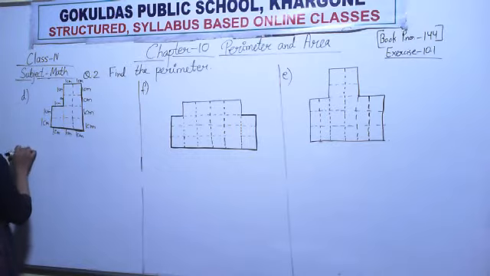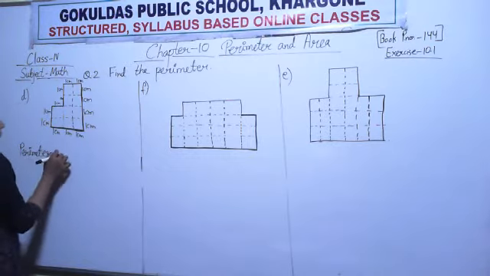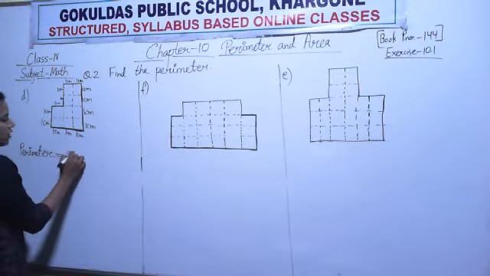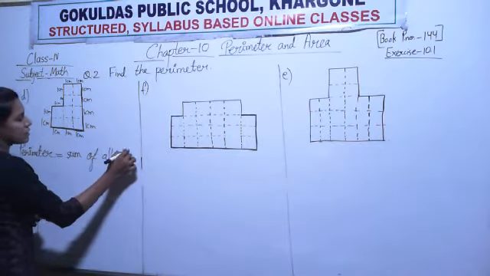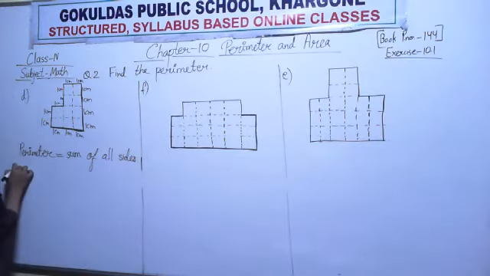Okay. Now, what is the formula for perimeter? Perimeter of a figure is equal to the sum of all sides.